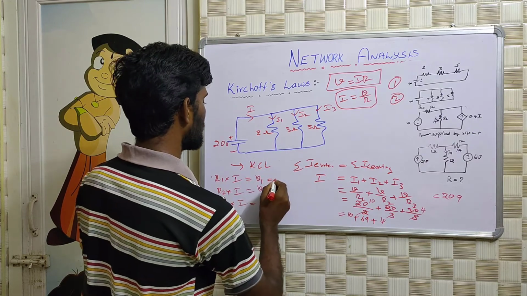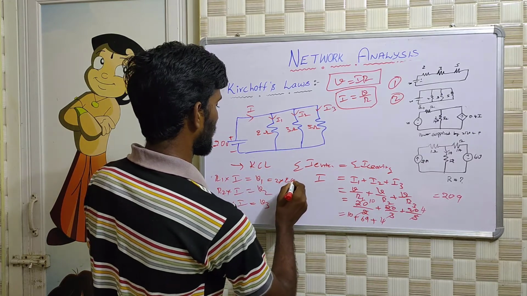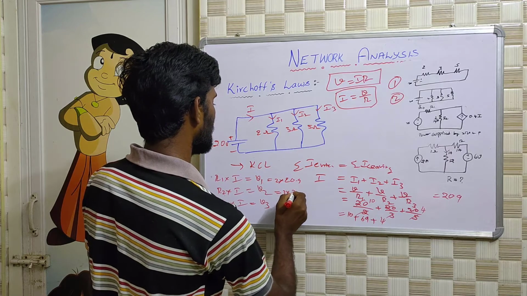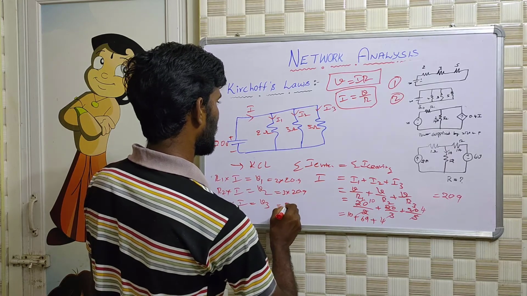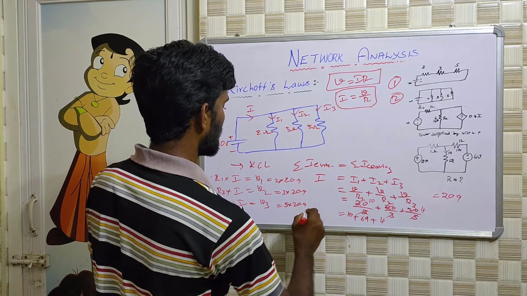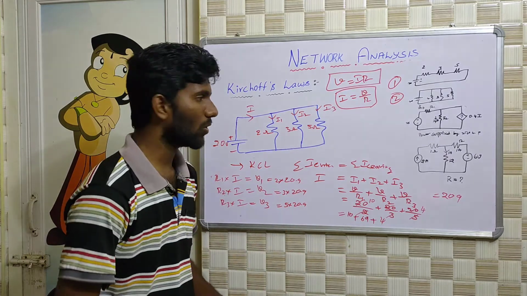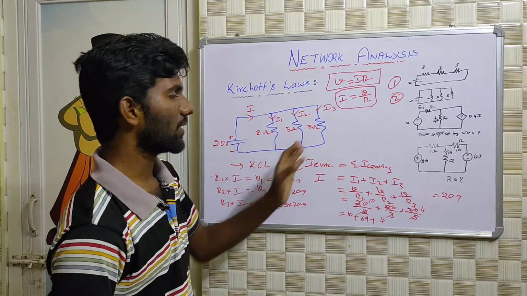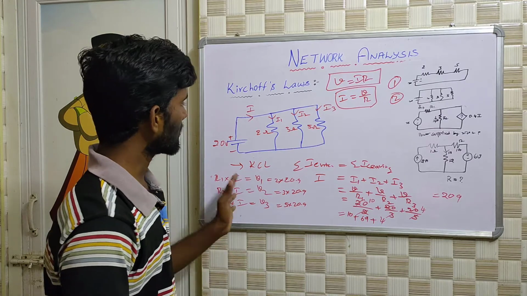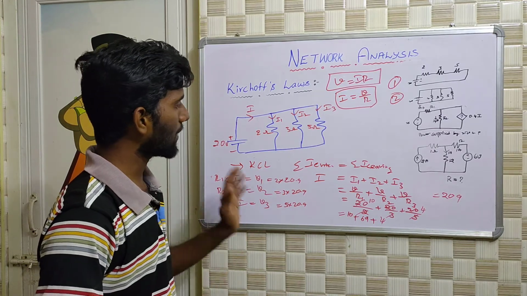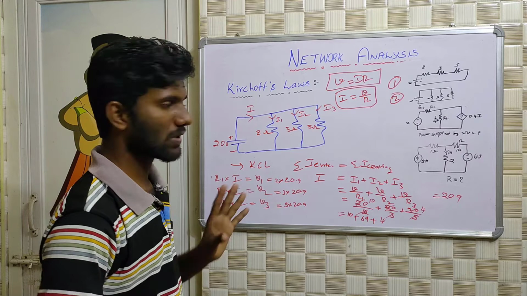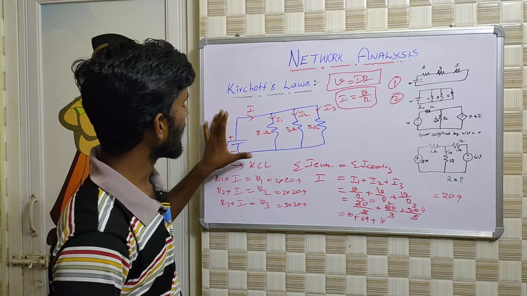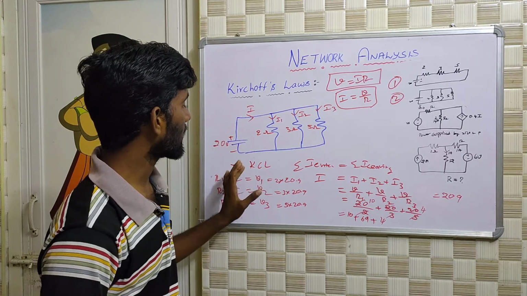So 2 into 20.9, 3 into 20.9, 5 into 20.9, which are the voltage drops across each resistor. So this is another example, also a simple one. Since it is a parallel circuit, we are applying KCL.